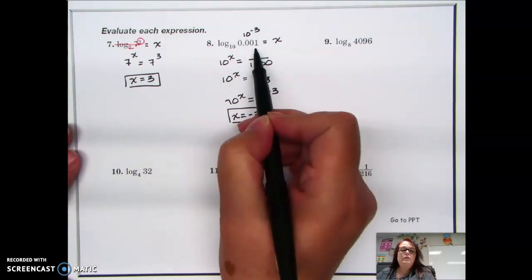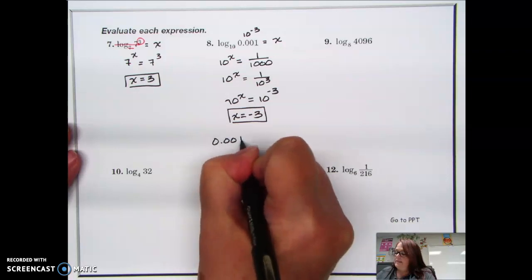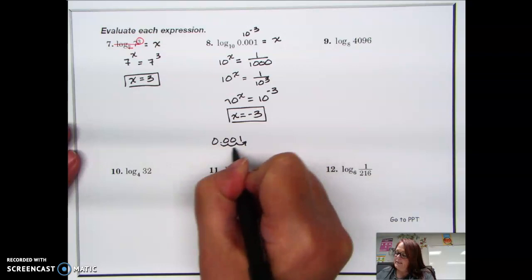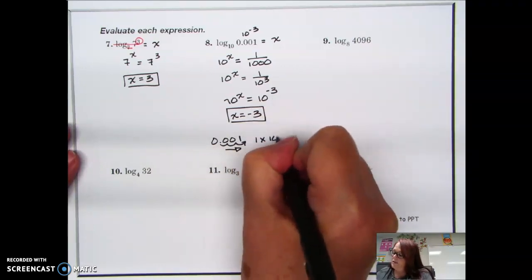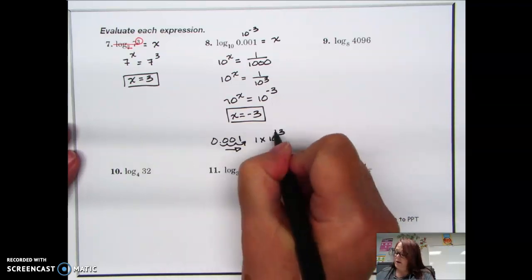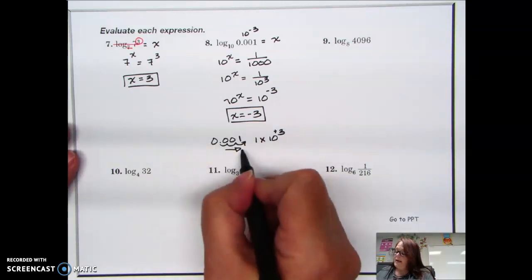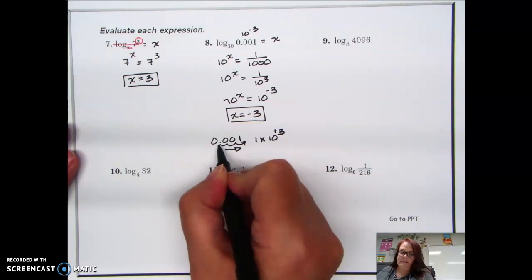Another way we could have figured out the value of 0.001 is think about it like a science question, that I would move the decimal to the right 3 places. So I have 1 times 10 to the third, and to the right is a positive direction. So this is positive third. Sorry, we're moving it to the right, which means originally the decimal had to move to the left 3 places to put it there.